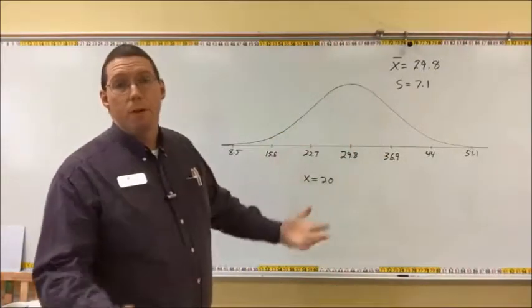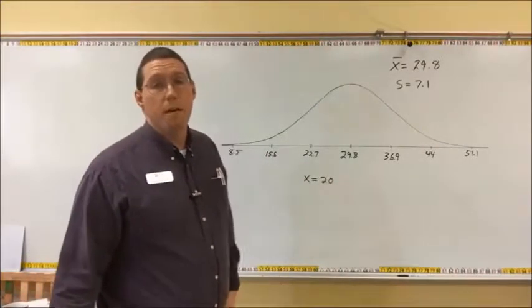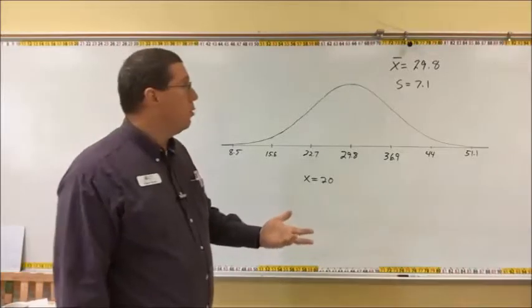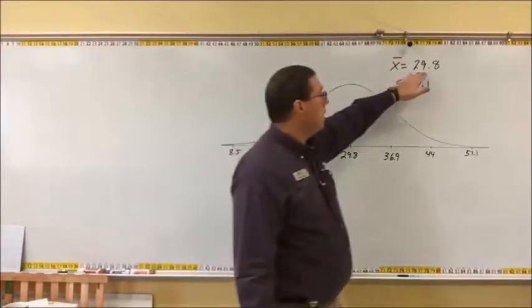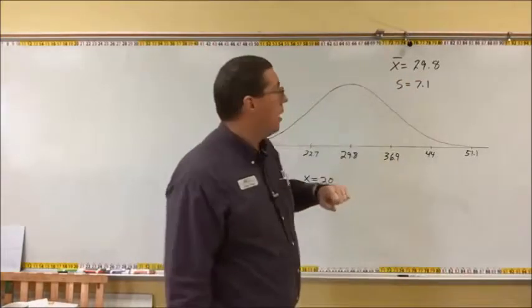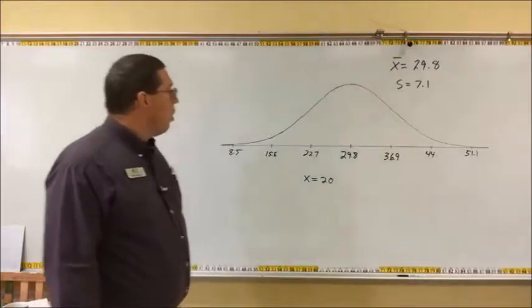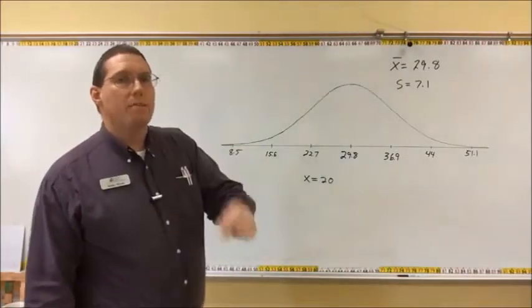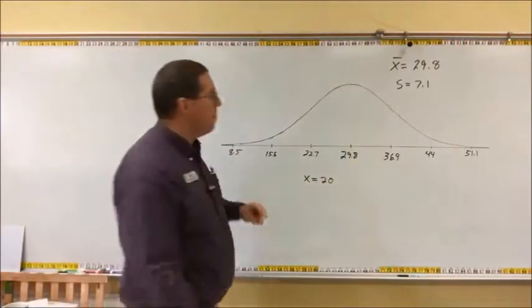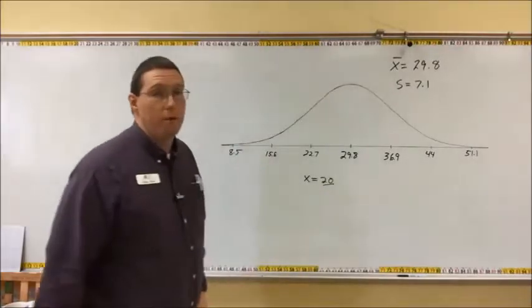Let's say a police officer measured the speeds of maybe 200 or 300 cars on the road, and identified that the mean speed on that road is 29.8 with a standard deviation of 7.1. And so we want to know what z-score, how many standard deviations away from the mean, is somebody who is driving 20 miles an hour.